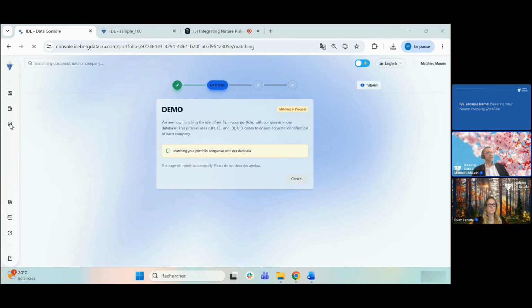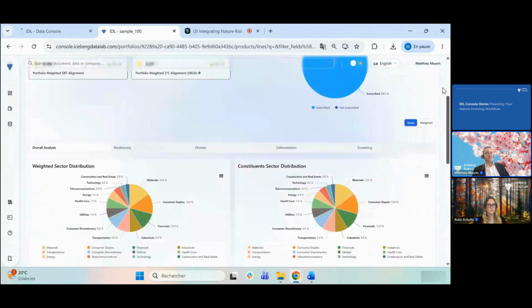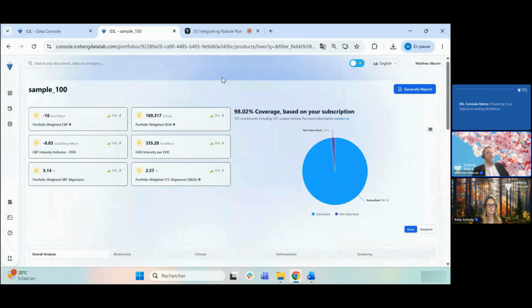So the charm of the direct you see here is that it seems that my Wi-Fi is especially slow today. So I will jump directly to the result of that sample that I imported earlier and that you can see here. So here we calculate all the metrics of which temperature metrics, absolute footprint, absolute carbon footprint, absolute biodiversity footprint expressed in square kilometer MSA.